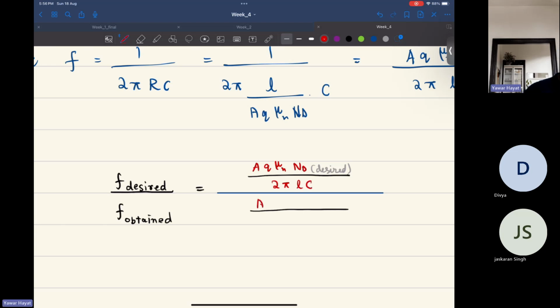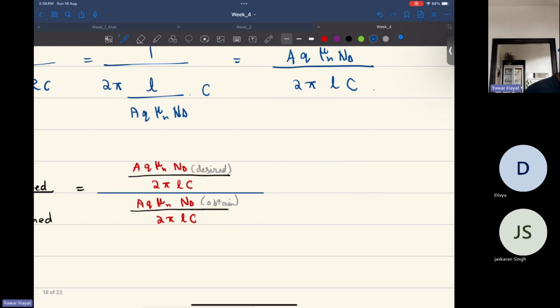Similarly, the factor A Q mu n ND, but this ND is what you obtain actually, and we have then 2 pi LC.